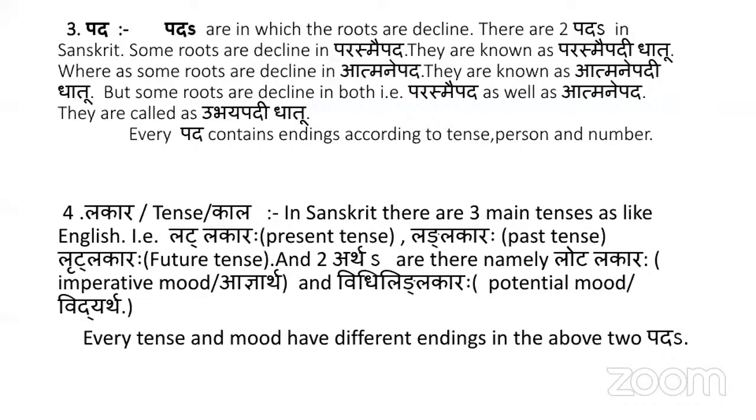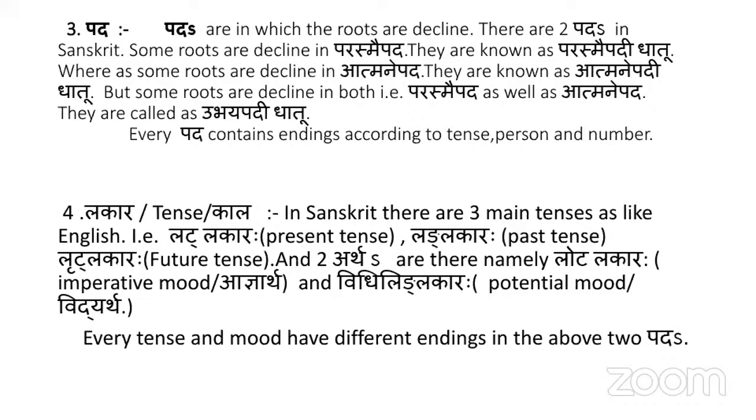You have already learned titah, anti, sithah, tha, ami, avah, amah. And in atmane pad, te, te, ante, se, the, dve, ivahe, me. So these are the two padas in which the roots are declined. Here it is written that padas are those in which the roots are declined.